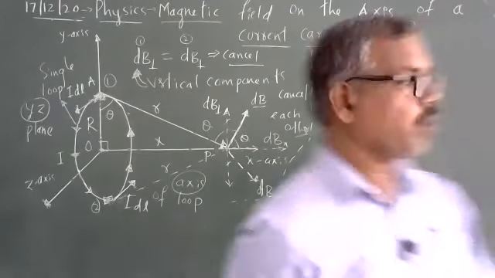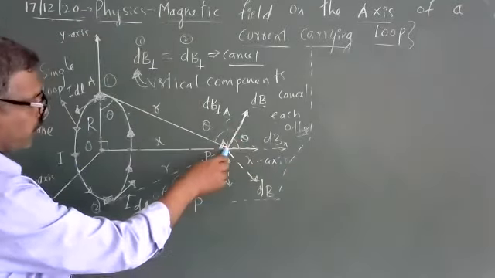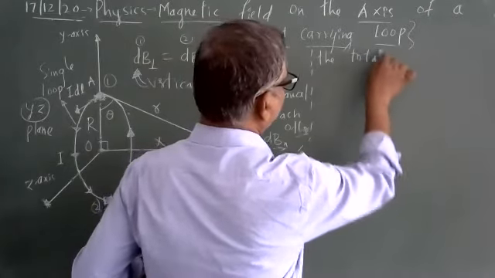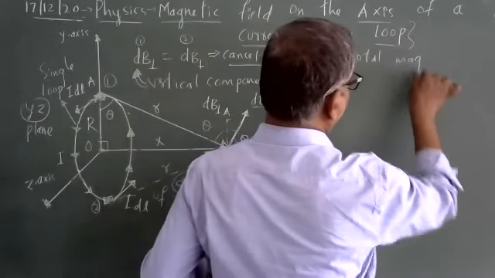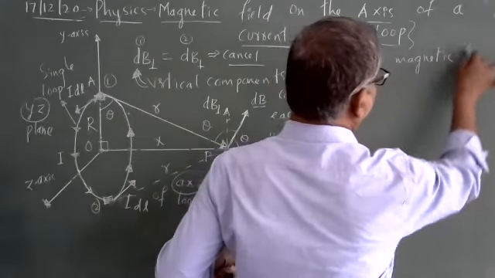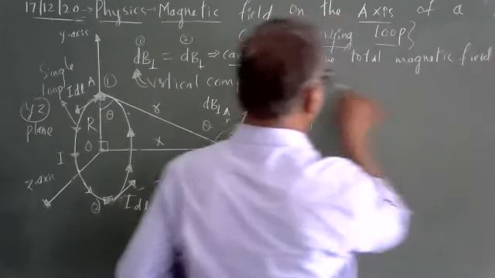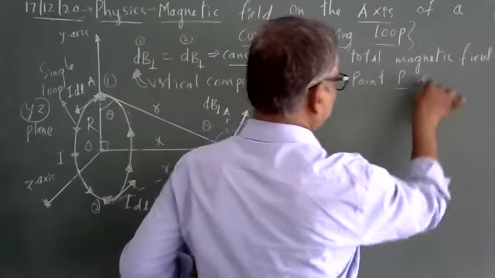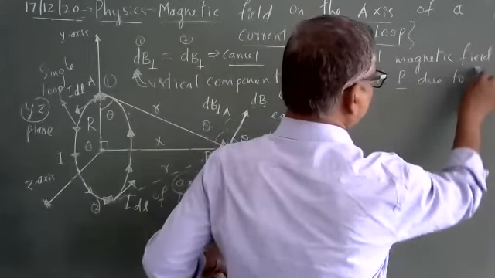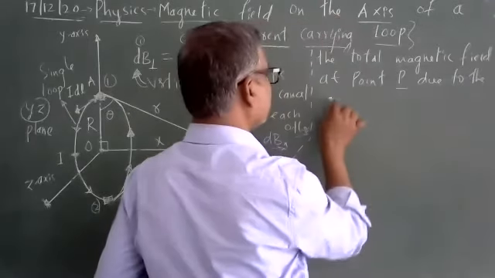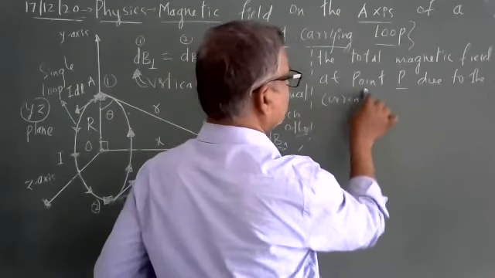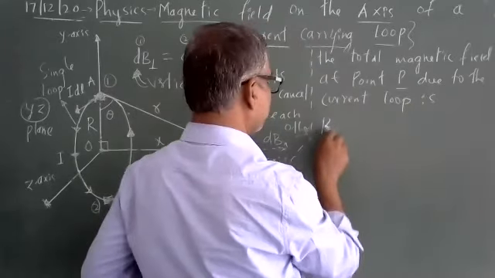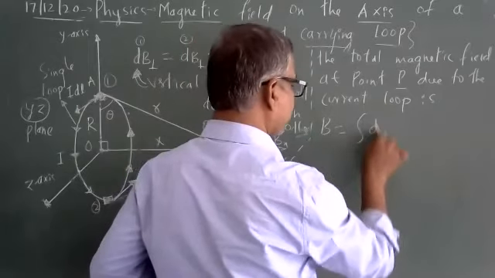As I say, to calculate the total contribution at a point P, the total magnetic field at point P due to the current loop is B equal to the integration of dB.